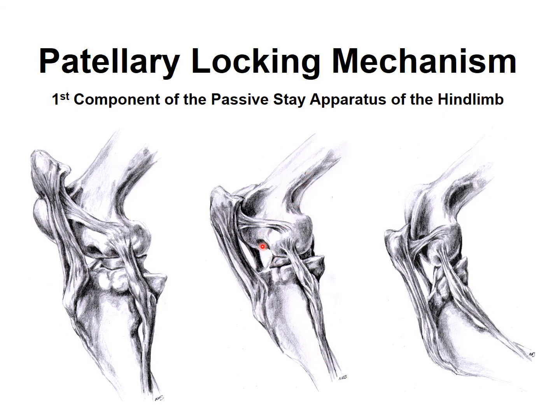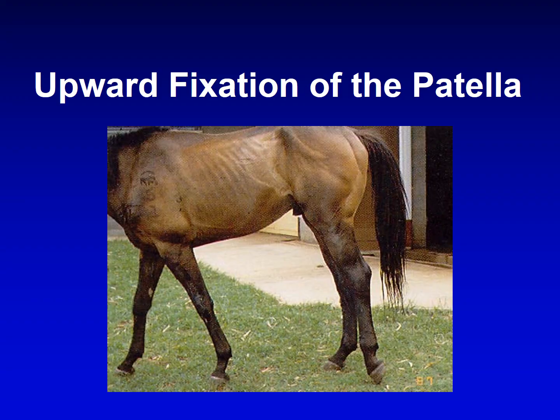Now, sometimes in some pathological cases, some conformational problems in certain horses, the patella stays on the medial trochlea of the femur. When it stays, the horse looks like this. The stifle is completely extended, and the limb is fully extended, because if the stifle is extended, then the hock is definitely extended.